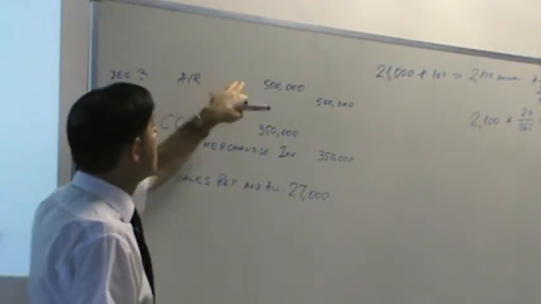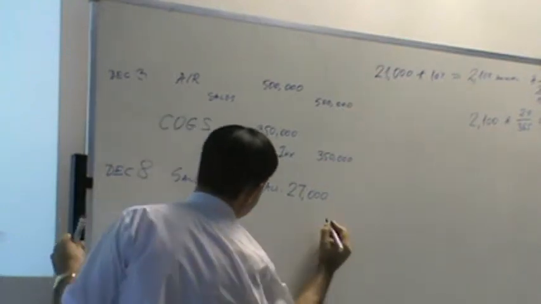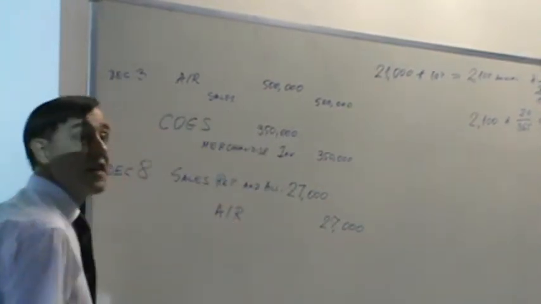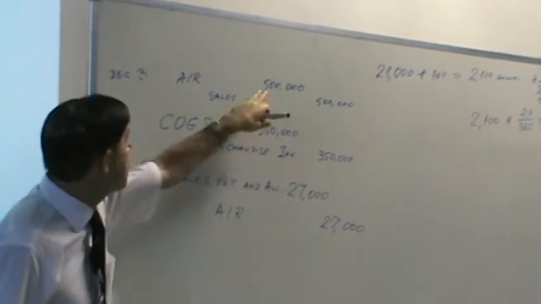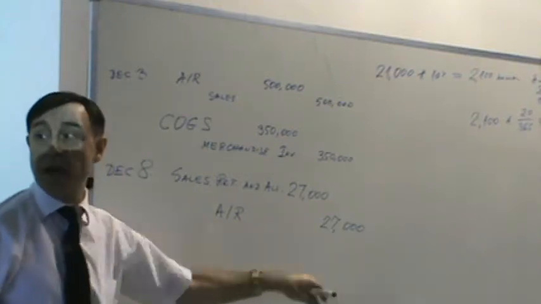You reduce the account receivable by 27,000. Before we credit, now we debit.